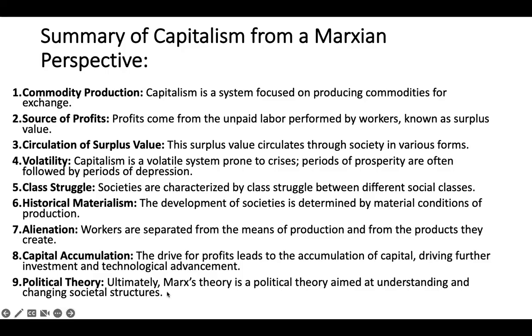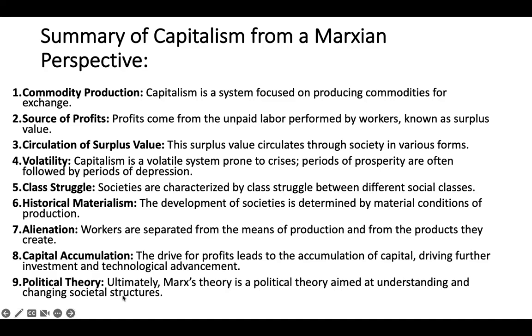I would also say, in closing of this section, that even though there's a lot of talk about economics, ultimately this is a political theory, right? I mean, the only way you really get out of the capitalist system is through a revolution. For the workers to, as he says, seize control of the state, seize control of the government, and then use the government to force the capitalists to give up control of the means of production, and then create socialism that way.